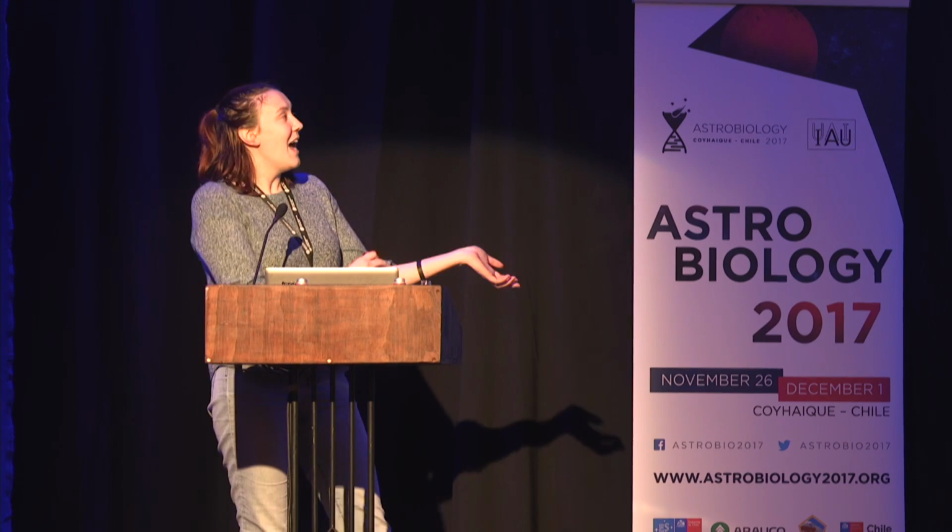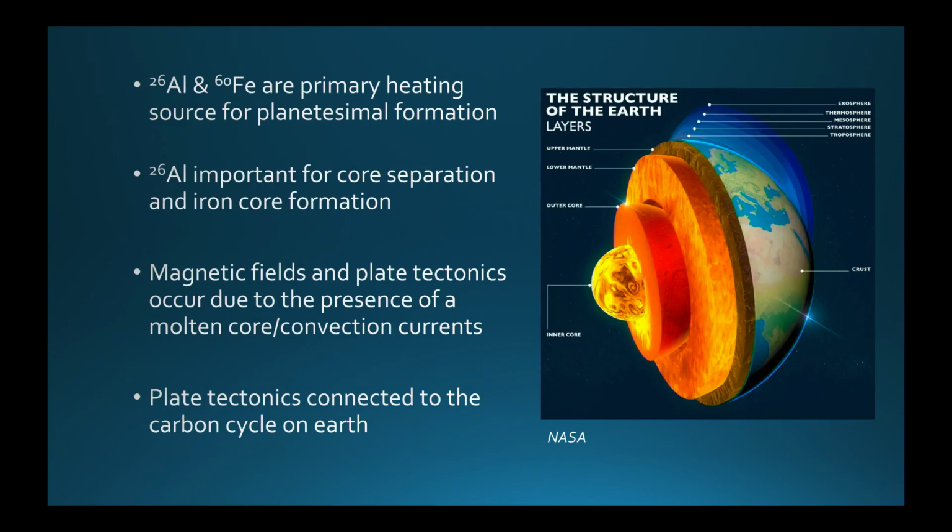So I have to warn you, I am an astrophysicist, not a geophysicist, so apologies if I get this a bit wrong. But aluminium-26 and iron-60, we think, are some of the primary heating sources for forming planetesimals, which are the building blocks for planets. Aluminium-26 seems important for core separation, and for creating an iron core and having this molten core on planet Earth.